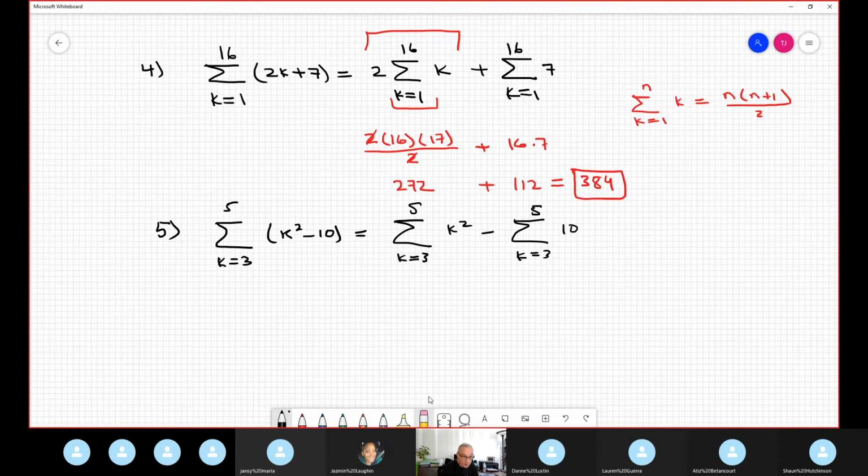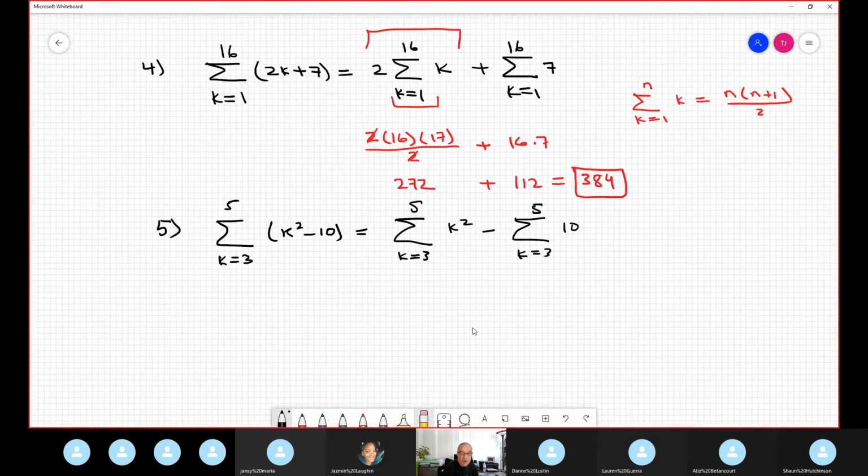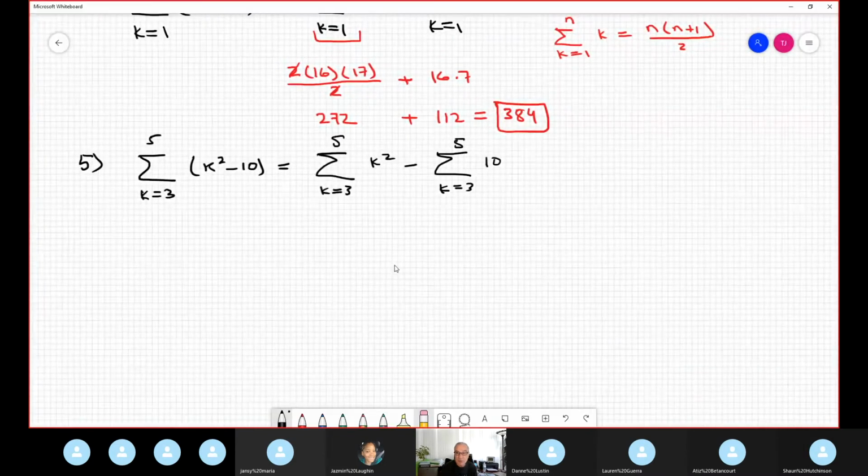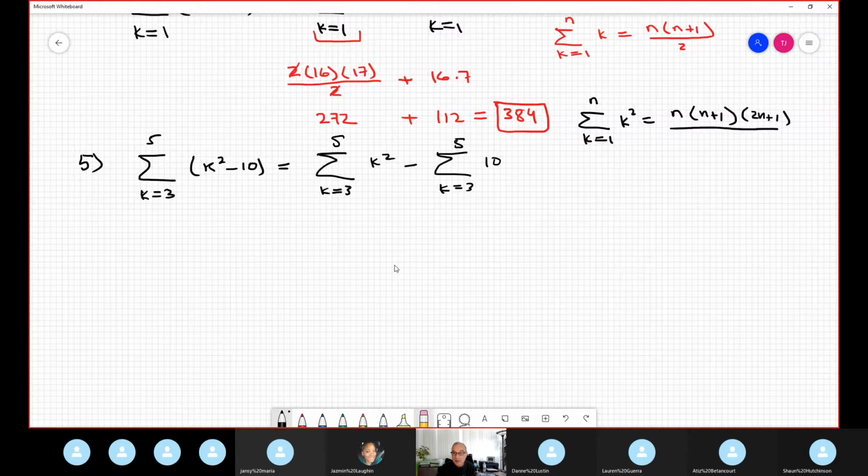Okay, let me compute this separately. Because, remember, our formula, we make a decision to use the formula. The formula is summation from K=1 to N of K squared, which equals N times N plus 1 times 2N plus 1 divided by 6.